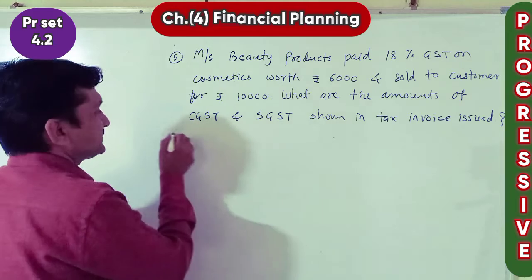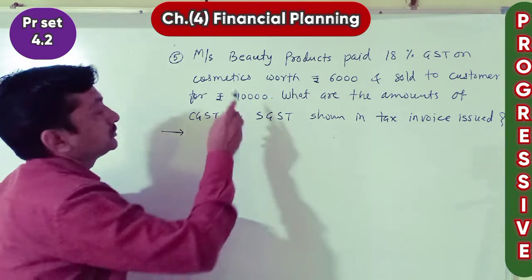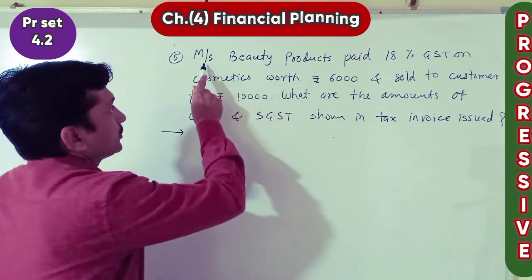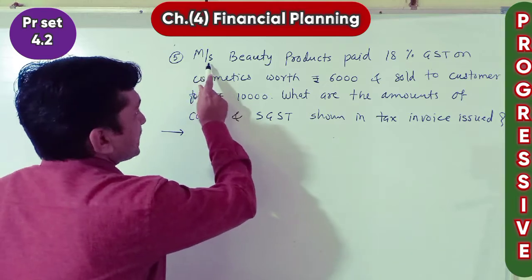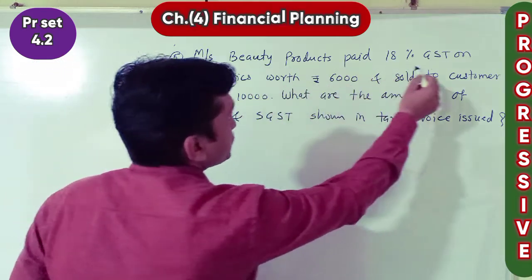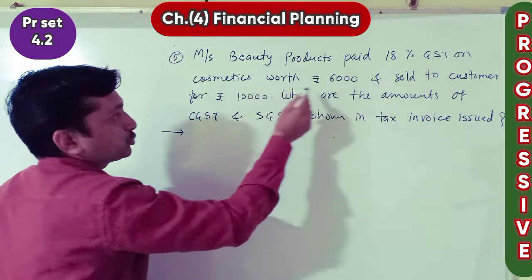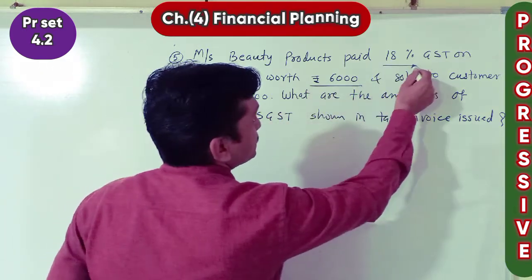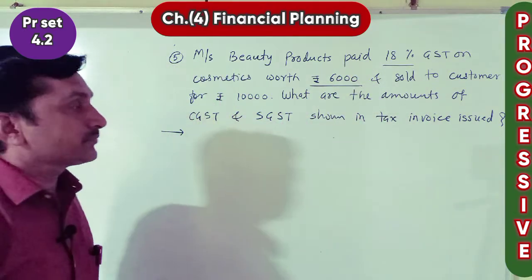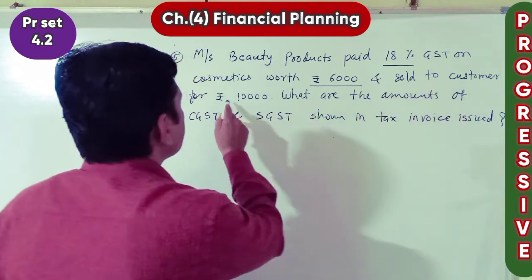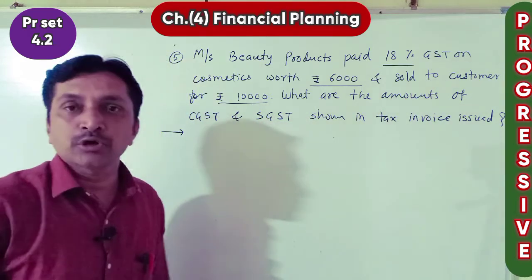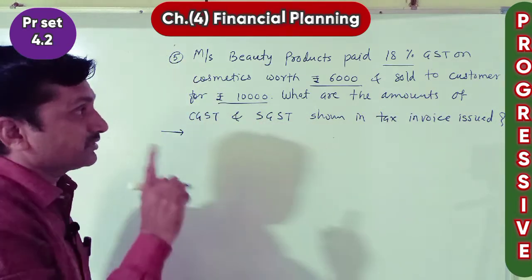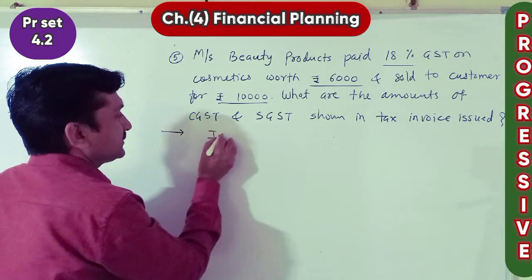This example is same as the fourth example. Here a manufacturer of beauty products paid 18% GST on cosmetics worth rupees 6,000. 18%, this is ITC, and sold to customer for rupees 10,000. This is output tax percent. Now let's find ITC first.